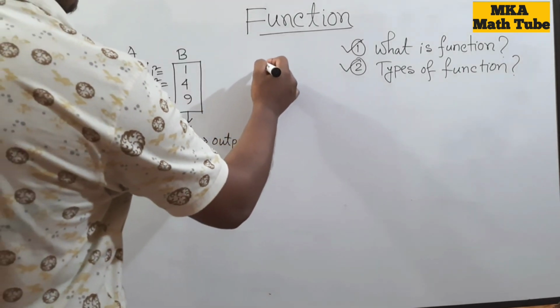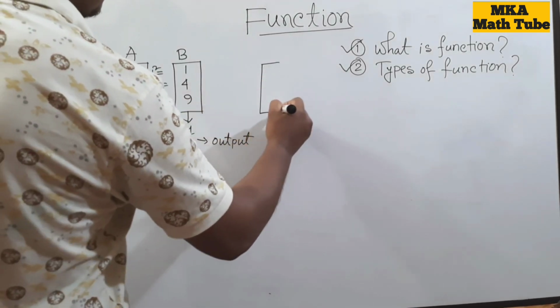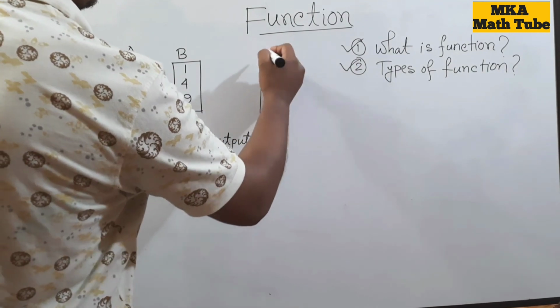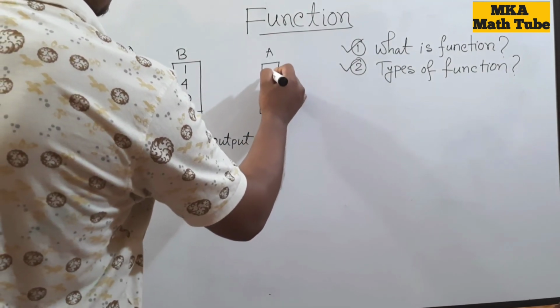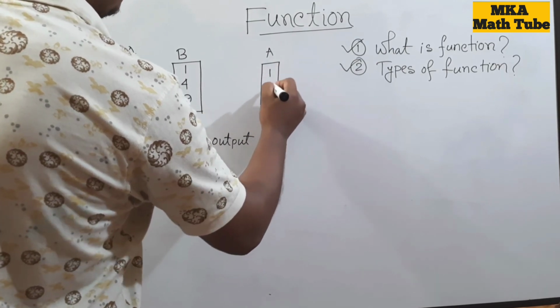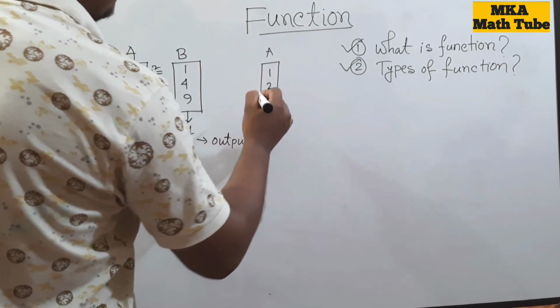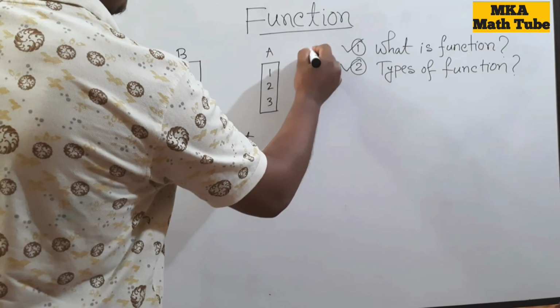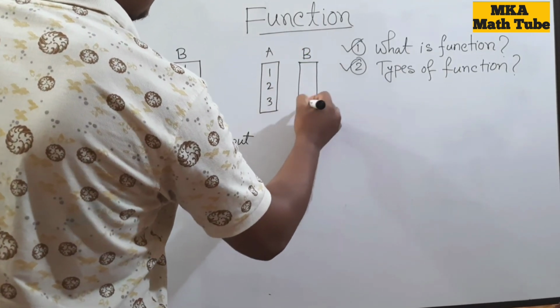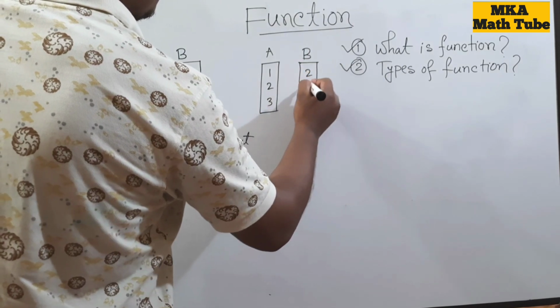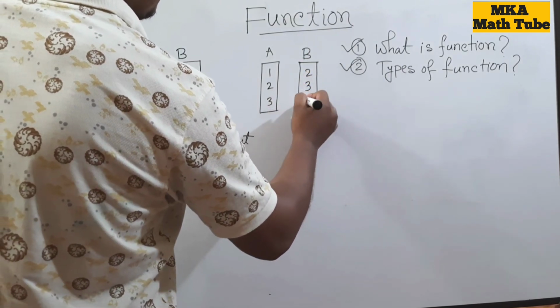Okay, another example for understanding the function. If we consider another set A, the elements of this set are 1, 2 and 3, and another set B, the elements of the set are 2, 3 and 4.